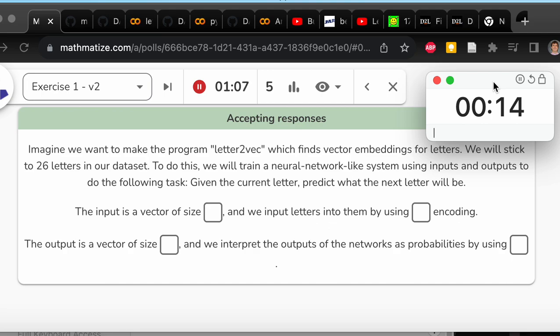Okay, there's like 20 seconds left. Put in your guess, either label encoding or one-hot encoding, either 26 or 1 for the size of the input, and the output we already know. So the output should be 26 and softmax.